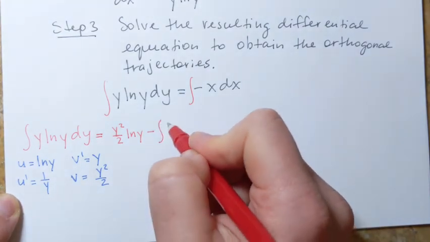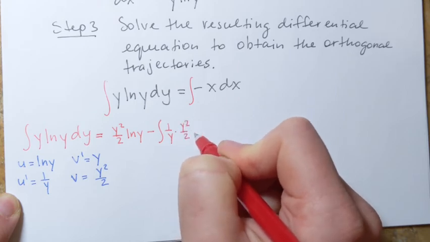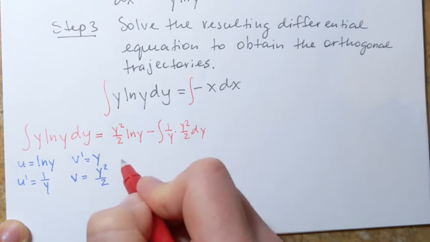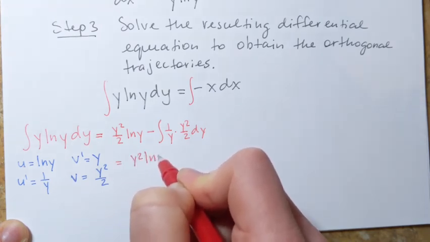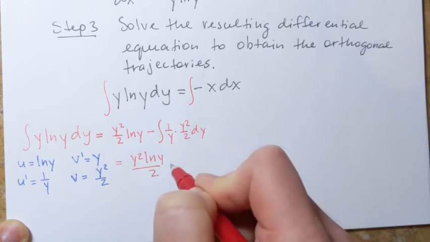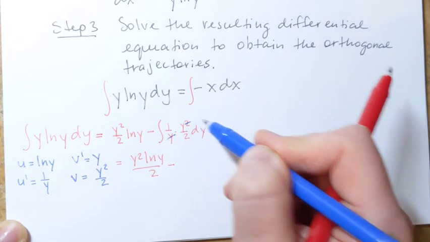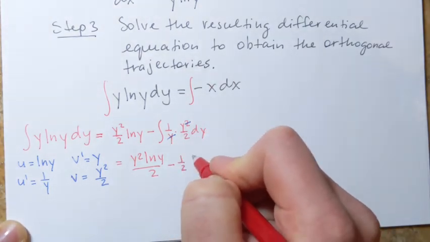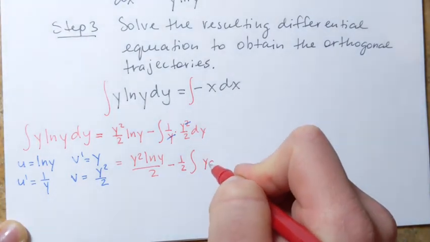So that's 1 over y times y squared over 2 dy. Okay, that's y squared ln of y over 2, minus, so what's going on here is y, and then that square will cancel. We have 1/2 that we can put in front of the integral, and we have just y dy.